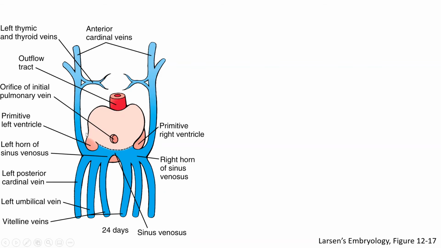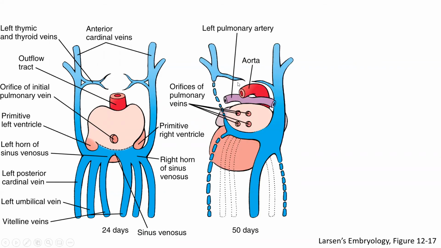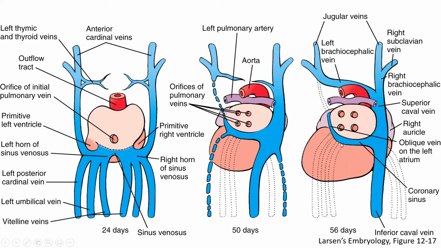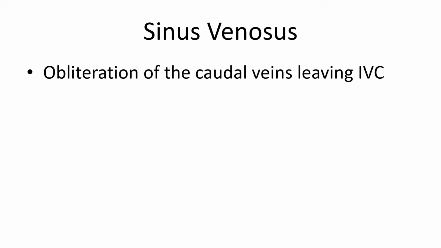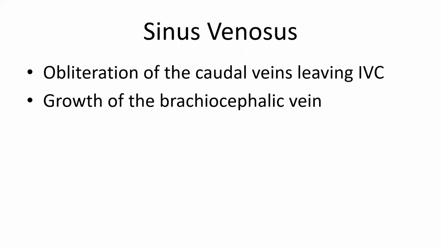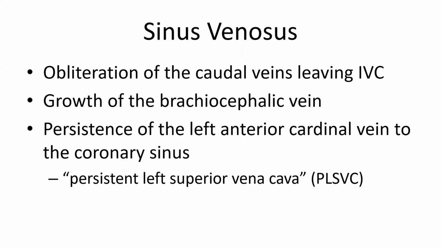The left sinus horn becomes the coronary sinus, and the left anterior cardinal vein will eventually obliterate and start creating the brachiocephalic vein across the top, ultimately giving you the mature venous return to the heart about a month later. So breaking these parts down individually, the obliteration of the caudal veins leaves the IVC, with growth of the brachiocephalic vein, and if the left anterior cardinal vein doesn't completely obliterate, it leaves what we call a persistent left superior vena cava.